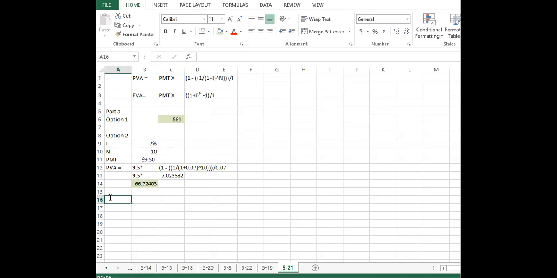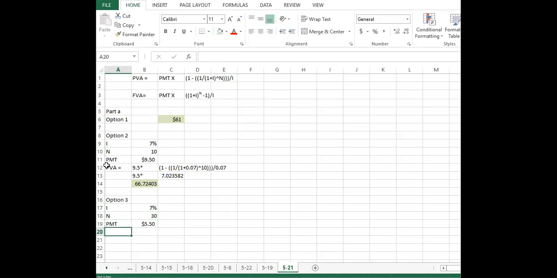Now we have option 3. The interest rate is same, that is 7%, and we have 30 years. Okay, but the PMT is just 5.5 million.